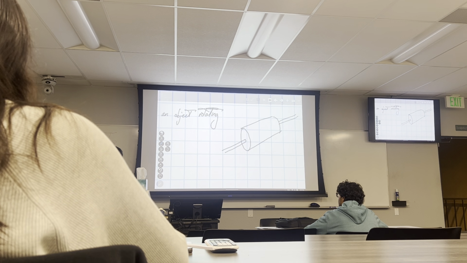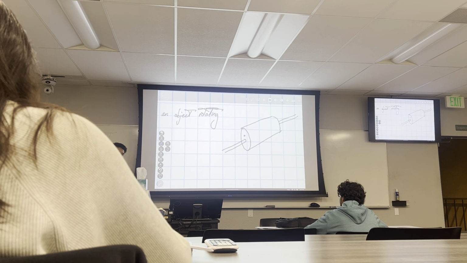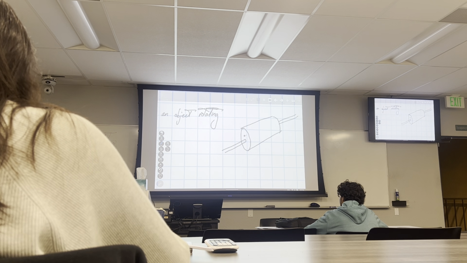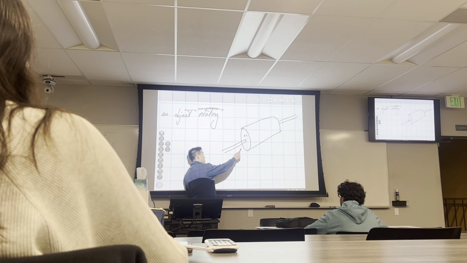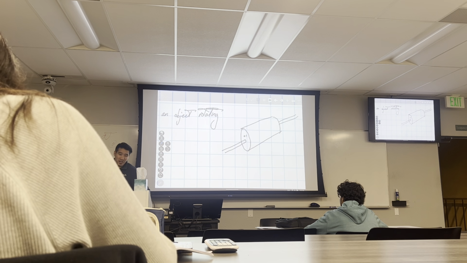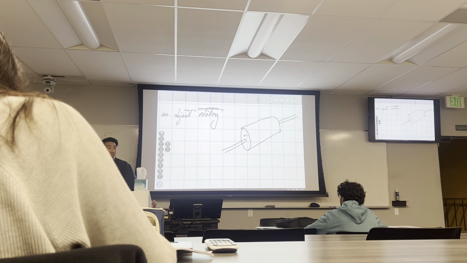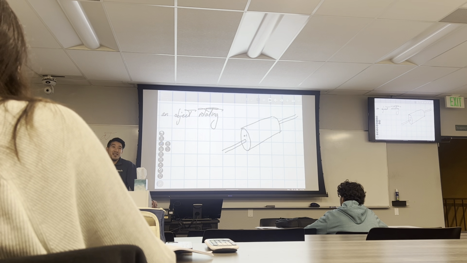So let's say we place a mark right here, and we'll call that 1. If this object is rotating, what kind of trajectory is that dot going to have? A circle. Right, circle.